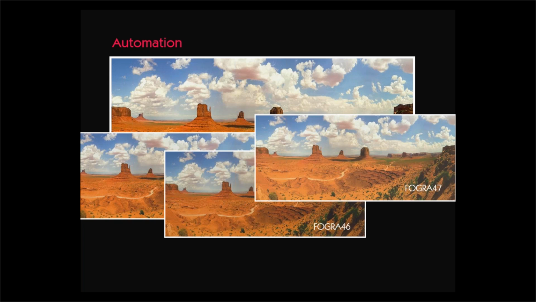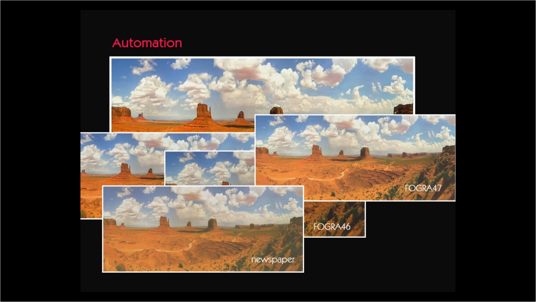For instance, FOGRA 47, which is uncoated paper, or even newspaper printing. Of course, all these images look different due to the printing process, due to the paper, but the reference still was a good compromise between all of these different output conditions.